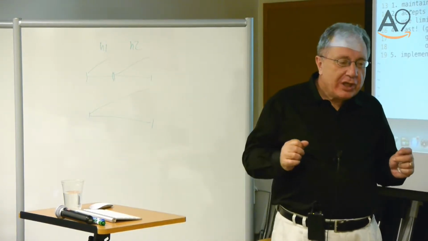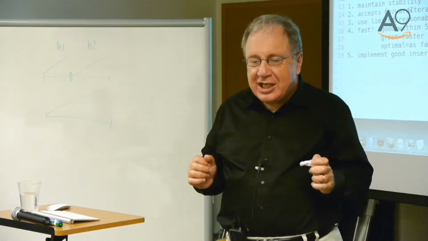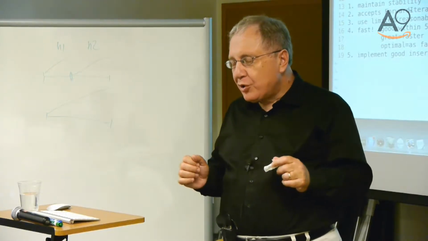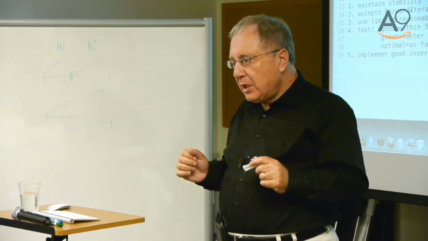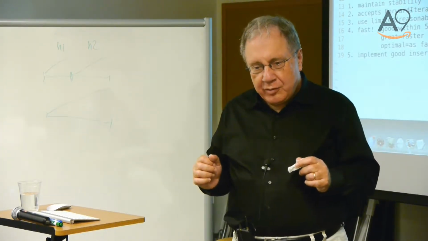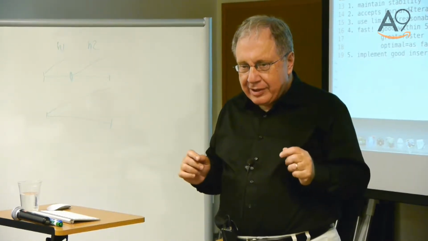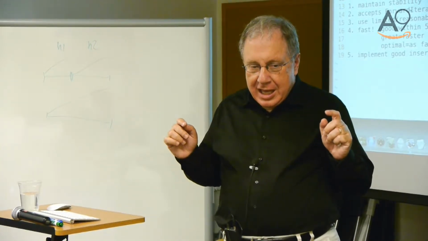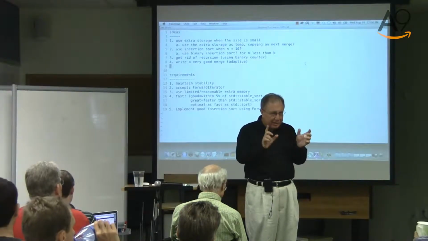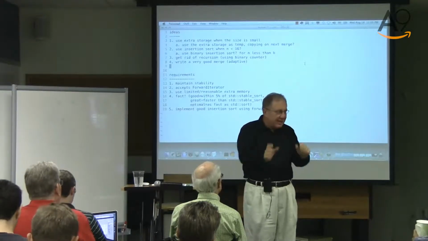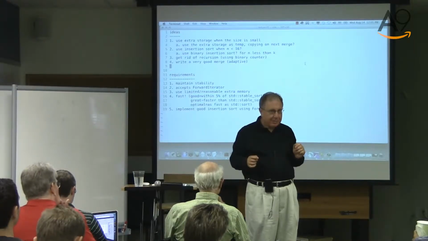Well, this is tricky because it depends on the kind of iterators which you got. If you have random access iterator, the best theoretical algorithm does n plus GCD of n1 and n2 assignments, not swaps.